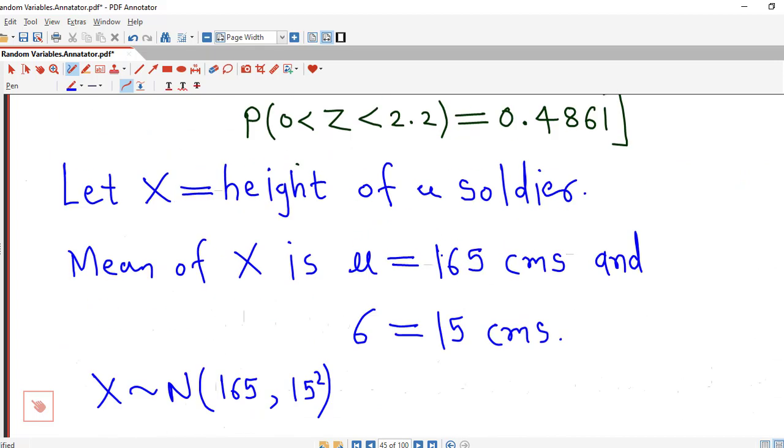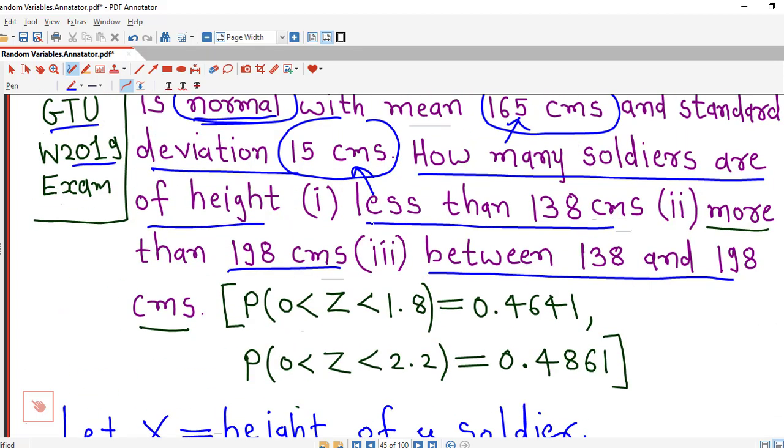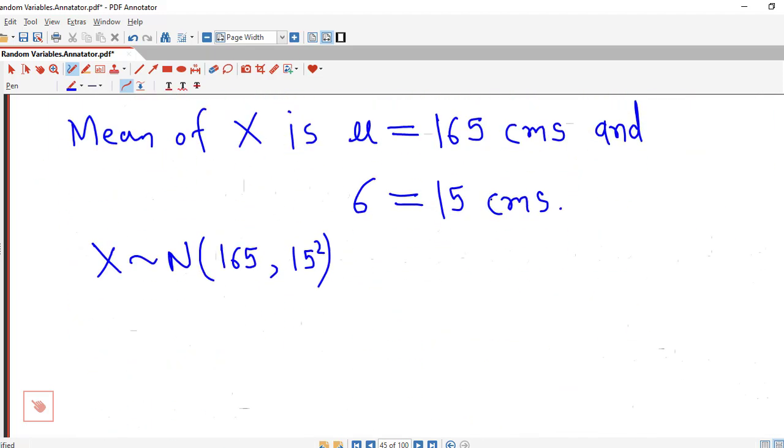So to find the number of soldiers having height less than 138 centimeters, first we decide the probability of the height of a soldier being less than 138 centimeters.